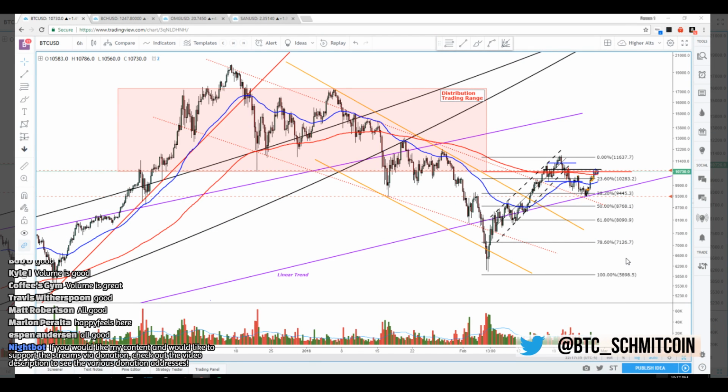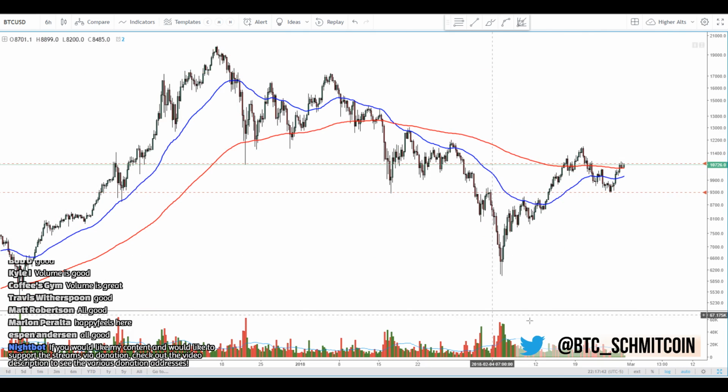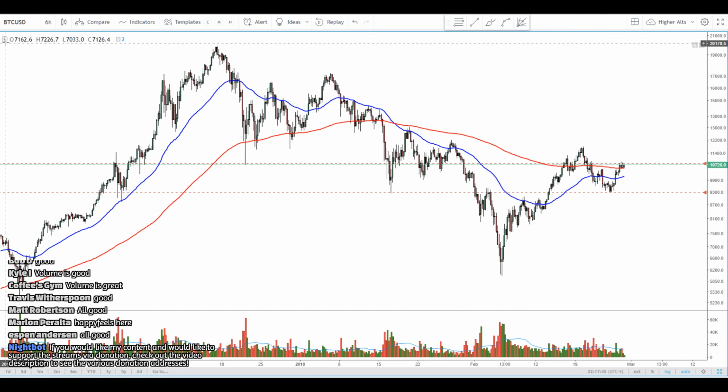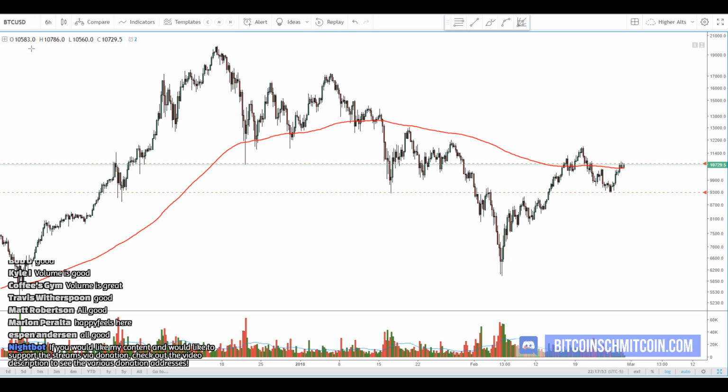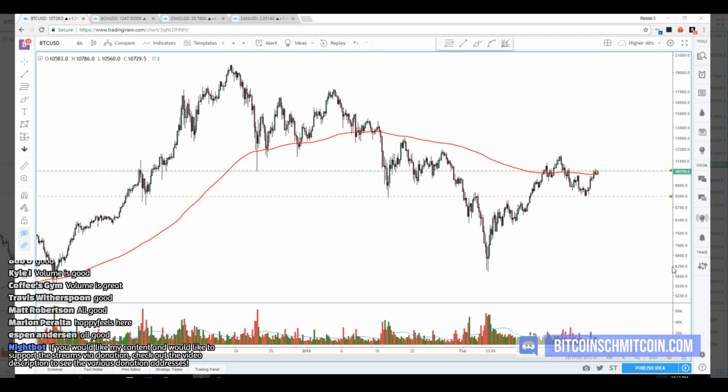Actually, let's clear off this chart real quick. We'll leave the 200 EMA on there, get rid of the 50. For those who aren't familiar with exponential moving averages, the 200 EMA is a really great tool just to put yourself in check on a macro scale.